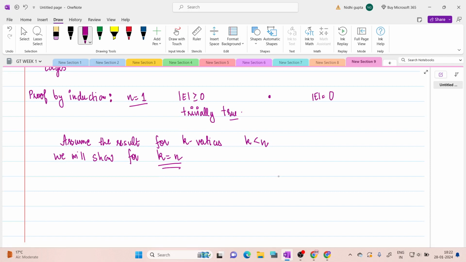Now suppose G is a connected graph on n vertices with the least number of edges.